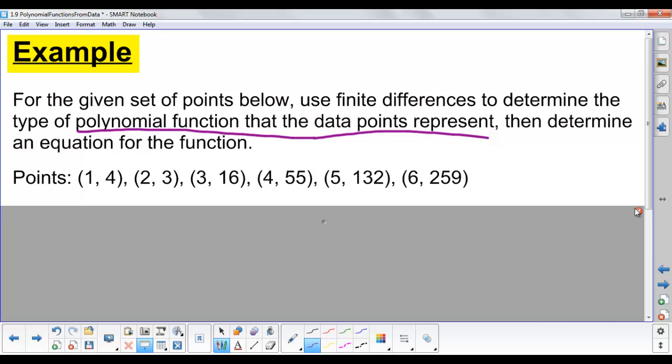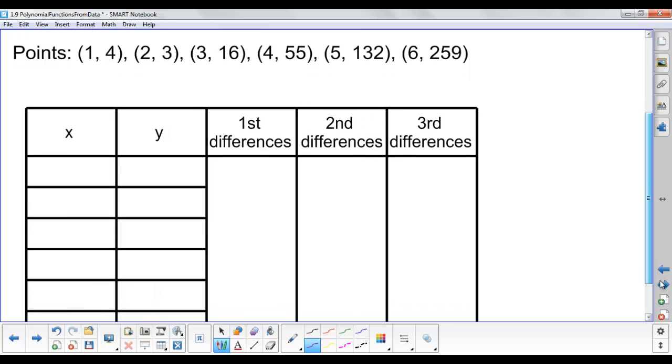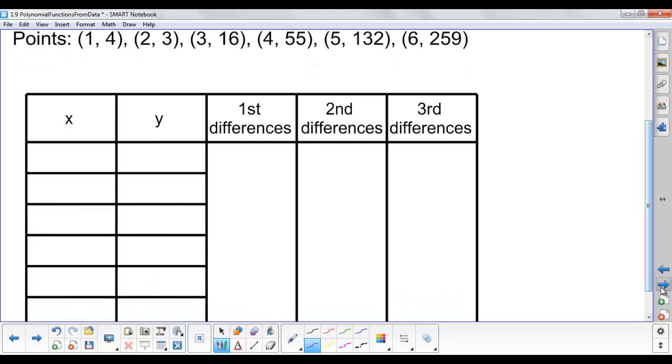So we will put these points into our table of values: 1, 4; 2, 3; 3, 16; 4, 55; 5, 132; and finally 6, 259.